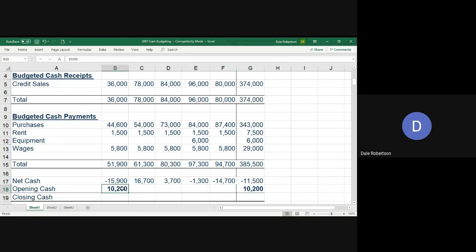And then we're going to do something which I would have taught you to do way back in first year, where we're going to take your net cash and add your opening cash together to get your closing cash.